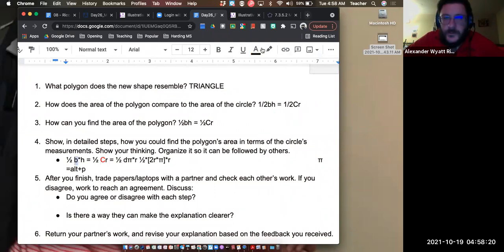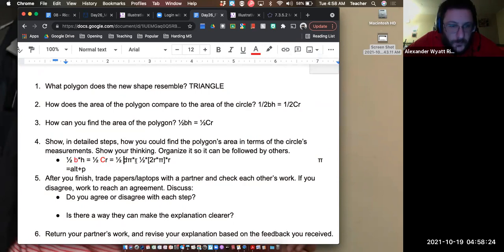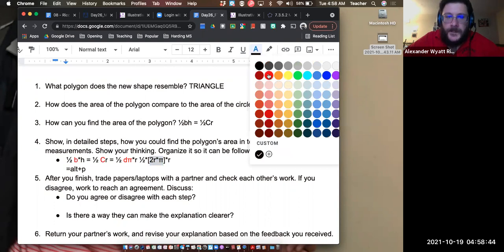Half the base, this is red, becomes the diameter times pi. That's still red, and the diameter is still right there. This is still the circumference, right?